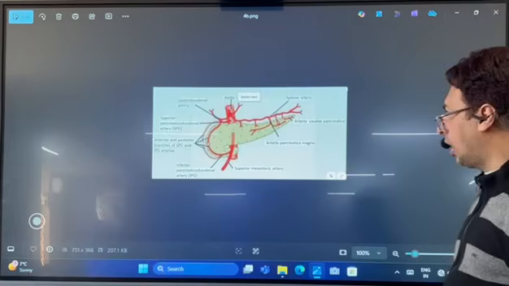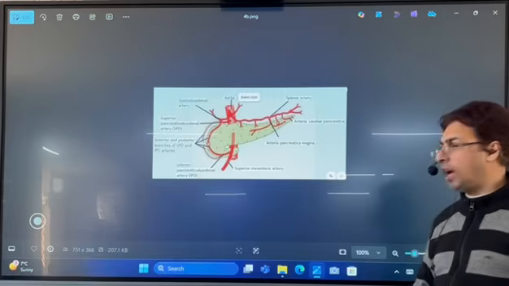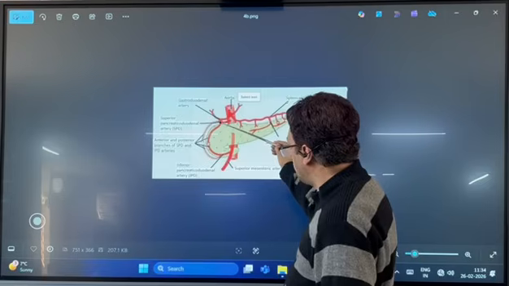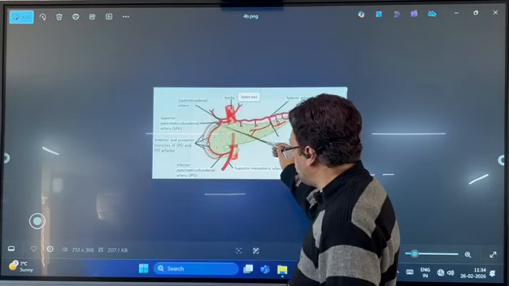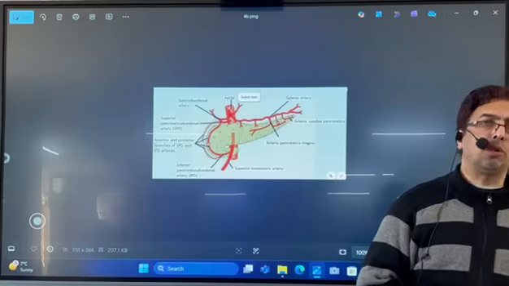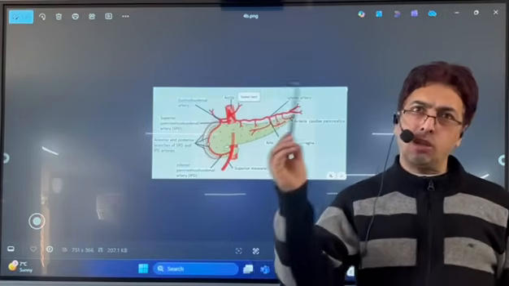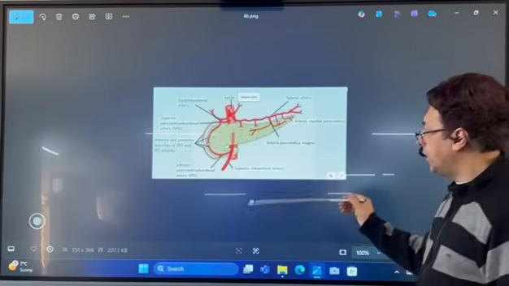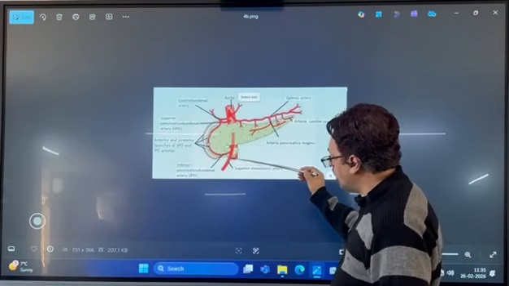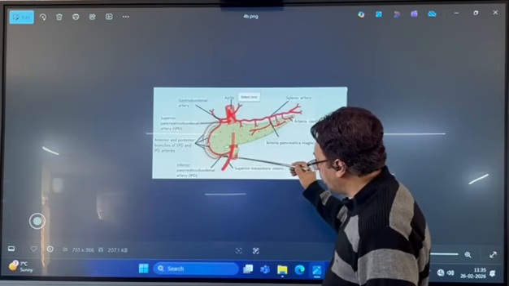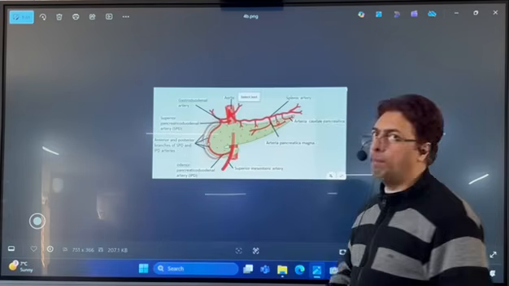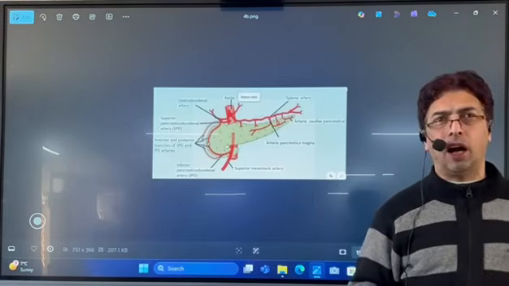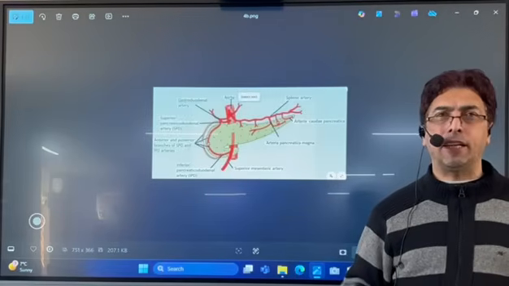Now, as far as the other vessel is concerned, we have the superior pancreatico-duodenal artery, which arises on the superior border near the head of the pancreas, and exactly opposite to it, on the inferior border, we have the inferior pancreatico-duodenal artery.